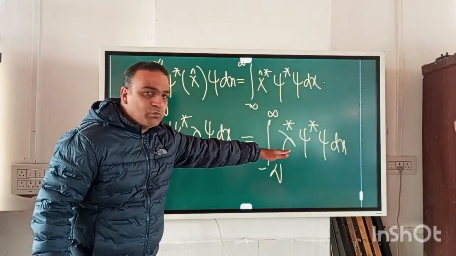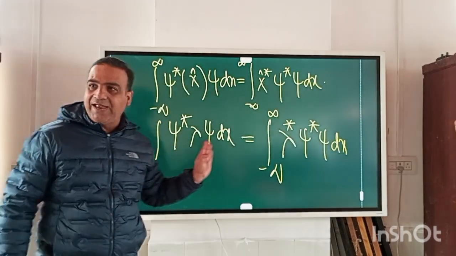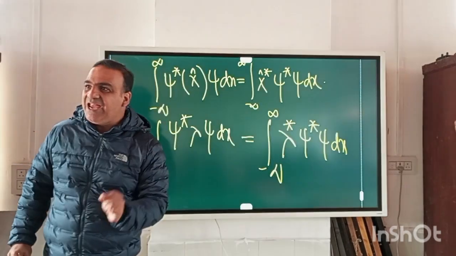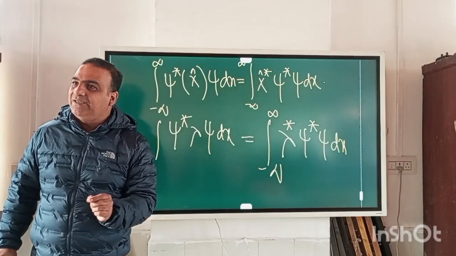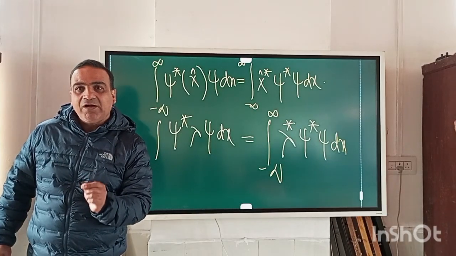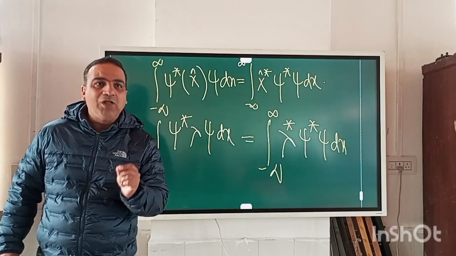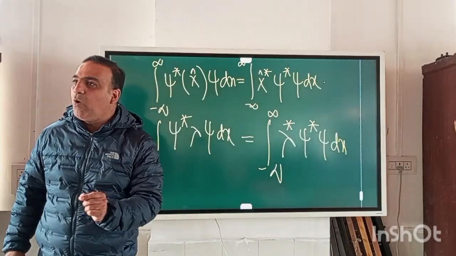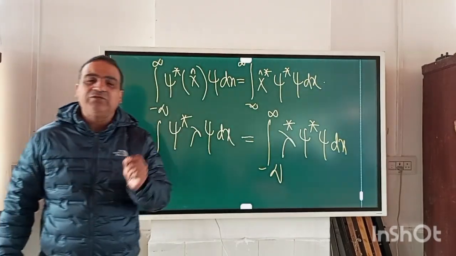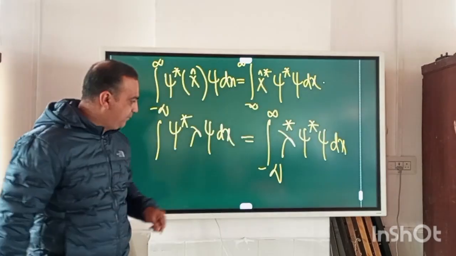So I can move this equation to the left-hand side, right? What is my aim? My aim is to prove mathematically that when you have a Hermitian operator, this operator acts on a wave function, you will always have real energy eigenvalues. That's my job, right?